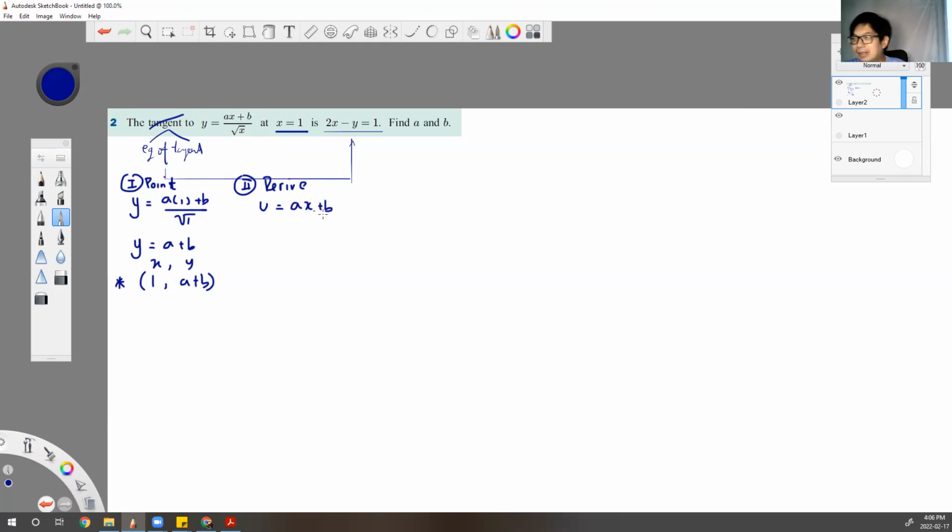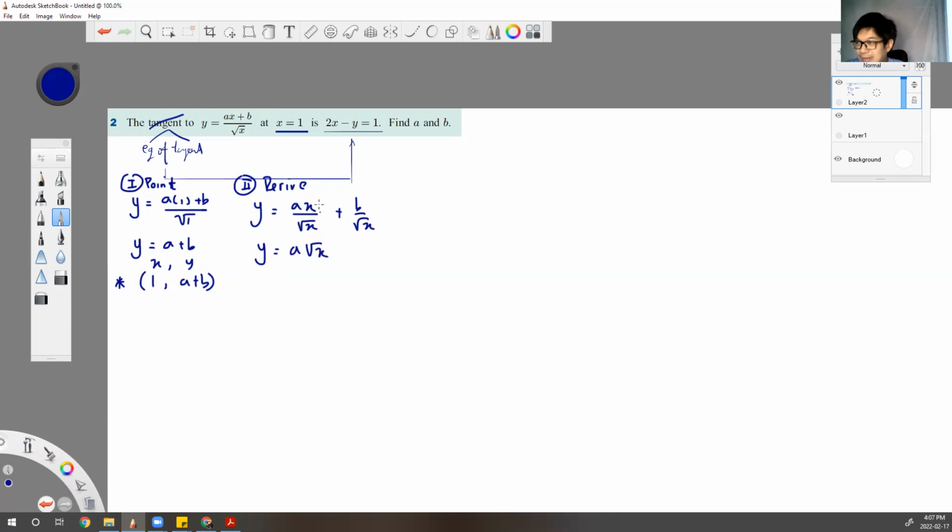But by the way, you have another way to do it simply. Can I just write this? I just make it simple: ax over square root x plus b over square root x. It is an addition and subtraction rule, right? So you don't have to do the quotient rule, u'v minus uv' over v squared. In this case, if you modify the fraction a bit, it gets easy.